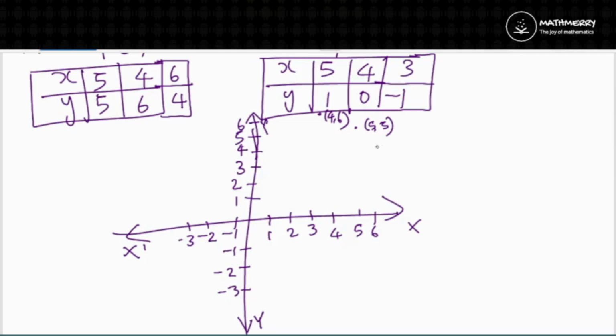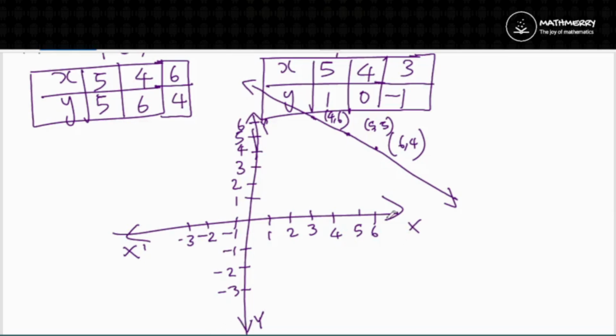So we have a graph that goes like this. If you are drawing it correctly using measurements, you will get a correct graph.